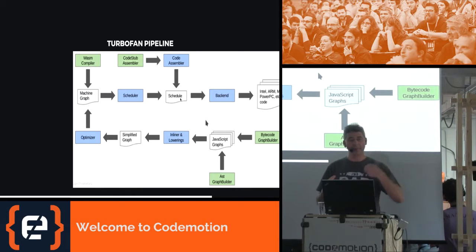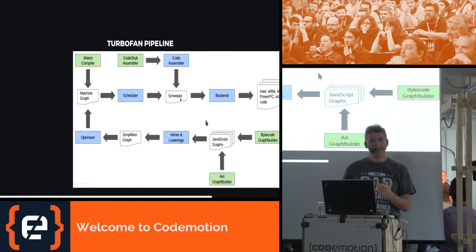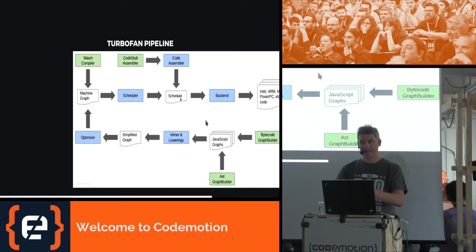So they solved the problem, essentially writing the interpreter so that the interpreter uses stubs, pieces of machine code, that are actually generated by Turbofan. So they invoke Turbofan to say, okay, give me the stub of machine code to do a property access. Give me the stub of machine code to do a multiplication, and so on.